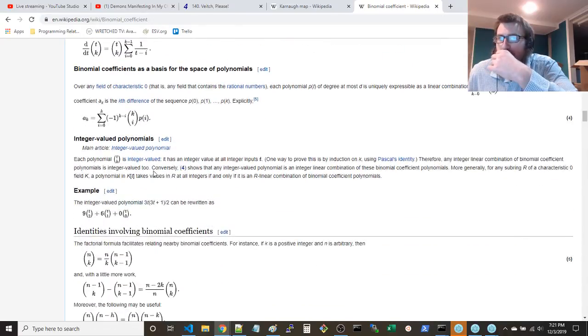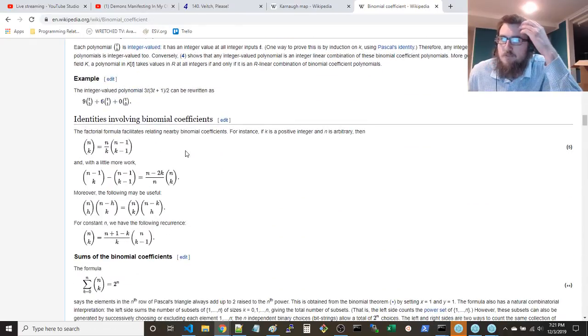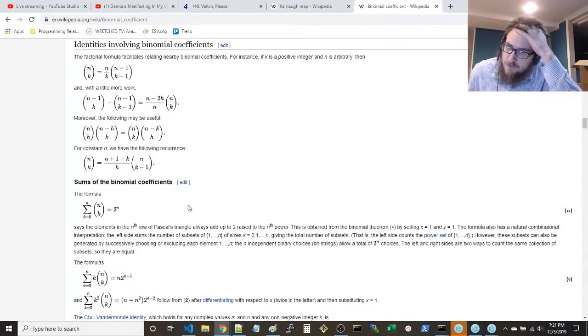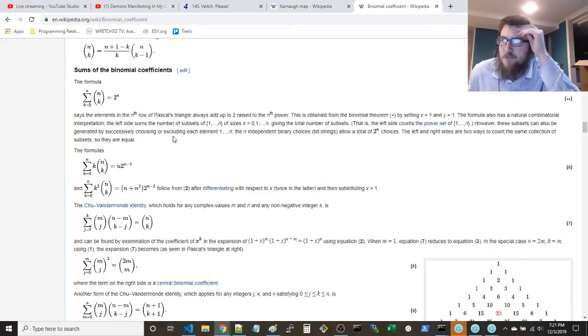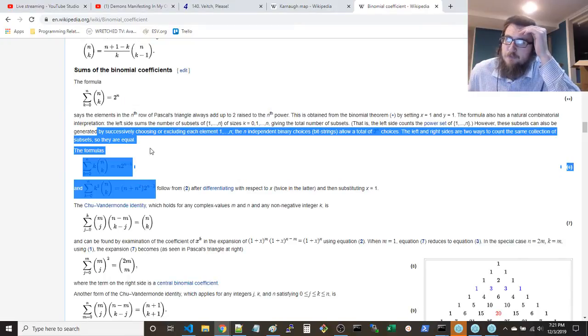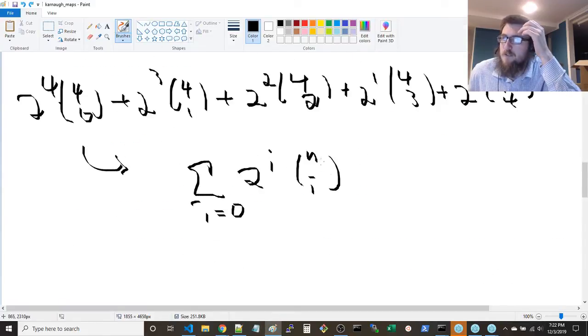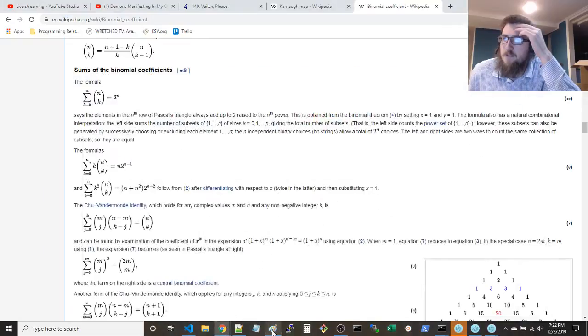There's something special about this though, which is, oh yes, what I was talking about before. This is what our sum is. The formula is, we can rewrite this as described. Actually, I didn't know that this is the case. Sums of binomial coefficients. Maybe I should have known that.